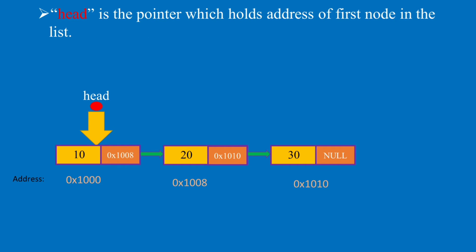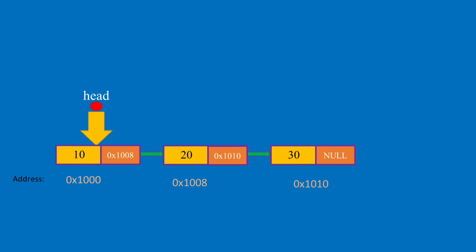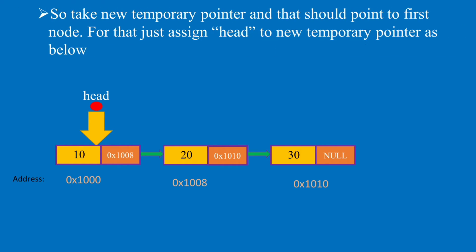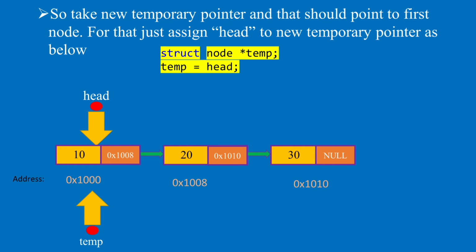Head is the pointer, which holds the address of the first node in the list. So, take a new temporary pointer, and that should point to first node in the list. For that, just assign head to a new temporary pointer as temp equals head, and this can be graphically represented like this.